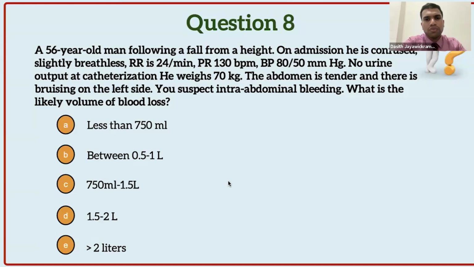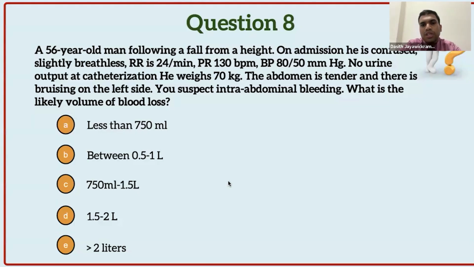So what category is it? Class 1, 2, 3, or 4? He is in class 4 because there's no urine output. Then there's a significant BP drop, and he's confused. So this is most likely either class 3 or class 4, more towards class 4.